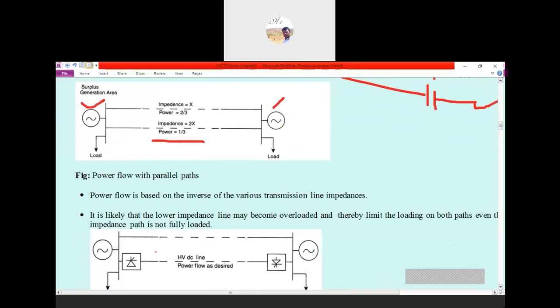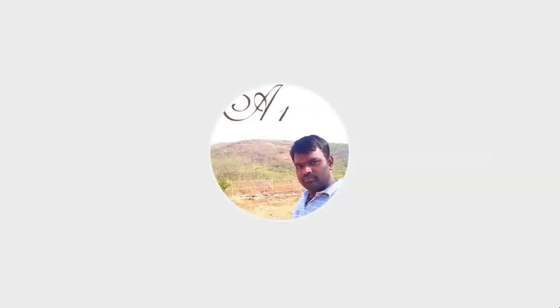A DC transmission is useful only where the distance between the two sectors, the load and the generation, is high. Only then do we go for the HVDC line. The remaining times we go for the AC transmission line.